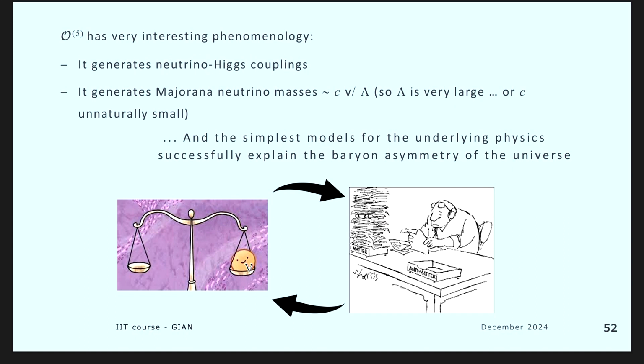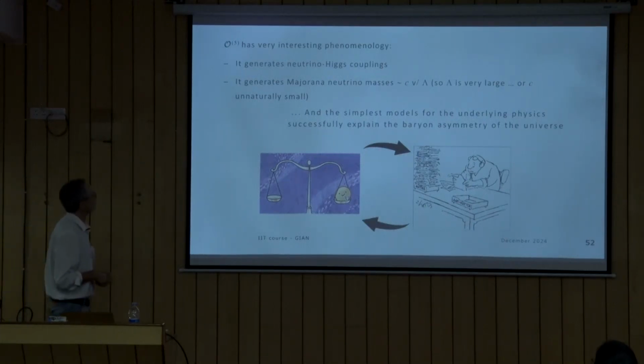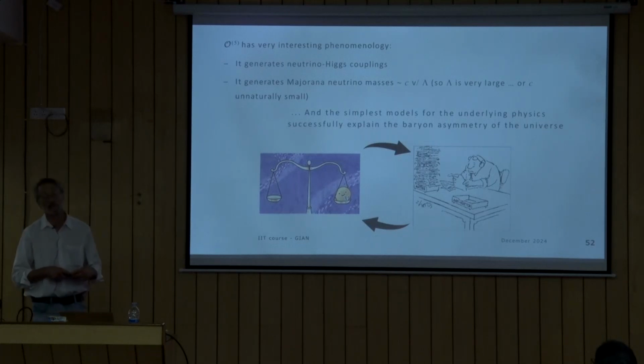We can't see any neutrinos. We just see their effects, right? This is like the blind leading the blind. So the fact that this operator generates this thing at the moment is an interesting fact, but it's not something that we can in any way probe with the current precision that we have.